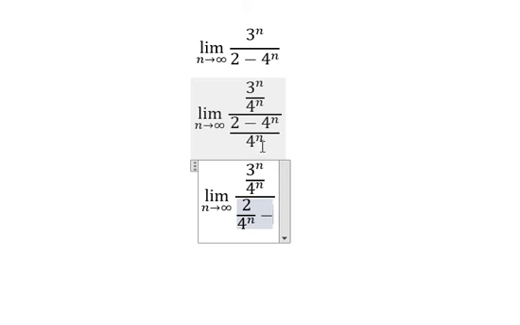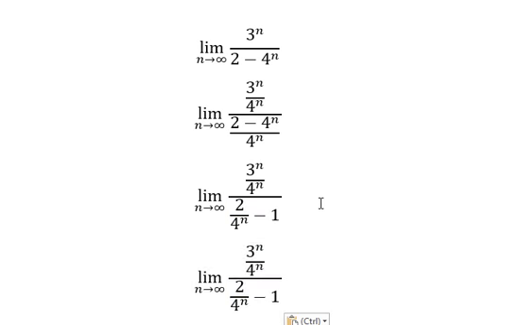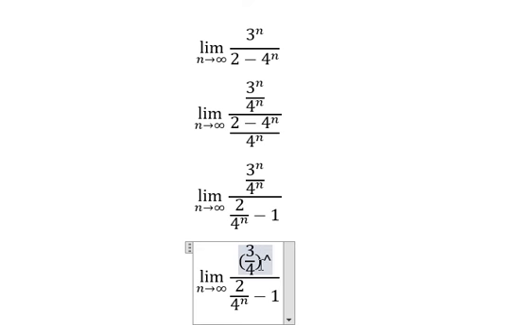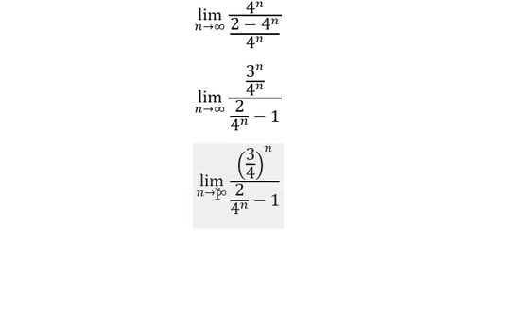This one divided by this one, we have number 1. This one we can put like this. Now, when n approaches positive infinity, this one will go to positive infinity. Number 2 divided by positive infinity, you get number 0.